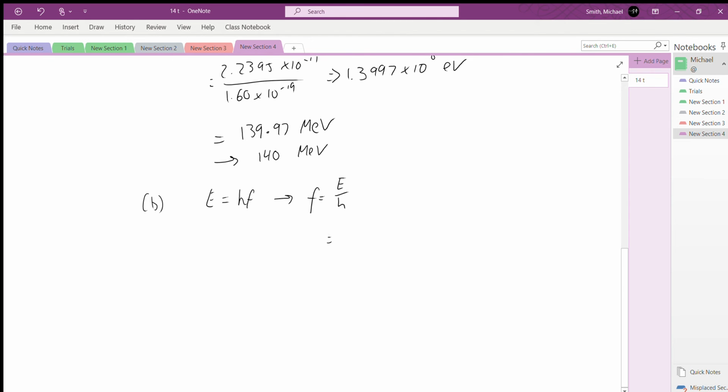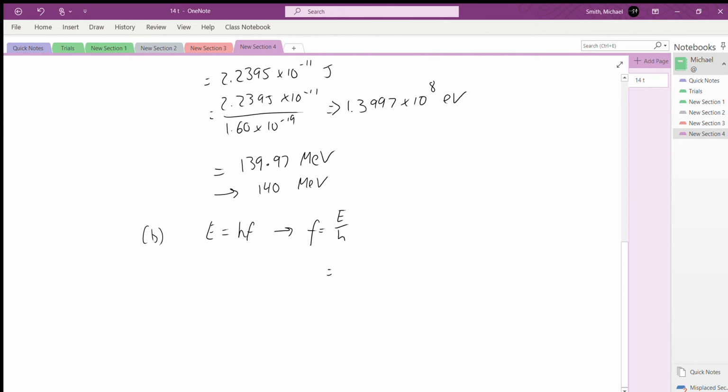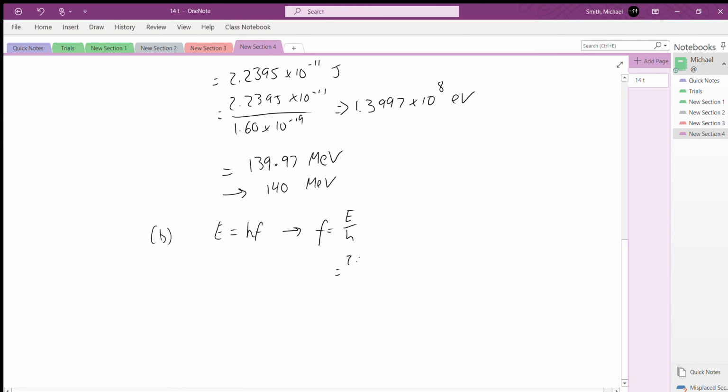We have the energy from before, that was 2.2395 times 10 to the power of minus 11, all over Planck's constant, 6.63 times 10 to the power of minus 34. Substitute that into the calculator, we get 3.38 times 10 to the power of 22 hertz.